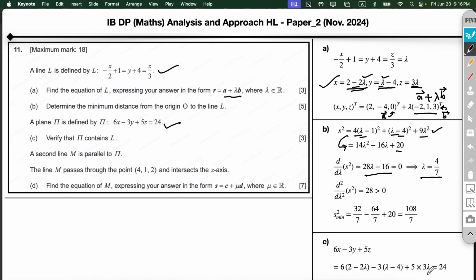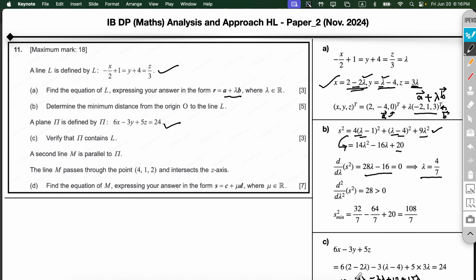And we do find that the entire thing is independent of lambda. Here it turns out that way. If you just break out the terms, 12 minus 12 lambda minus 3 lambda plus 12 plus 15 lambda. So there is a plus 15 lambda and negative 3 lambda, negative 12 lambda.